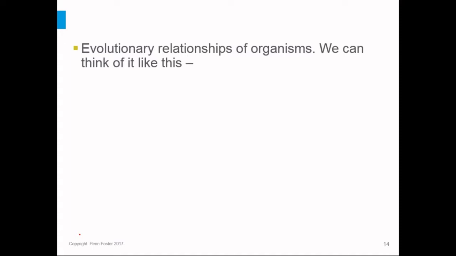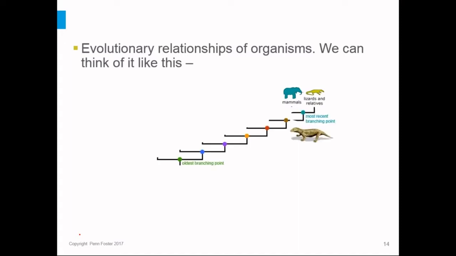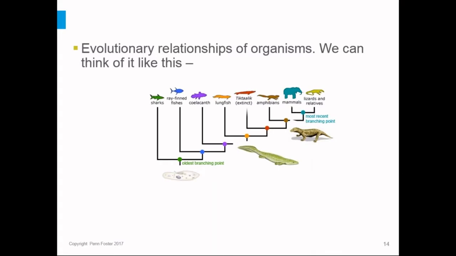So we can think of it like this. No modern group of organisms just suddenly appeared on the planet. Instead, they evolved from species that already existed, and those species evolved from older species that already existed, all the way back to the first species that formed on Earth. So every organism shares a common ancestor with every other organism on the planet.